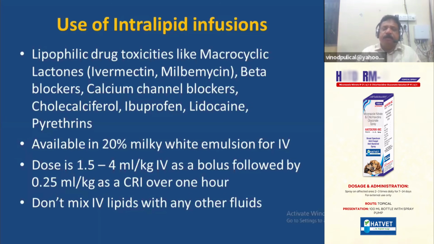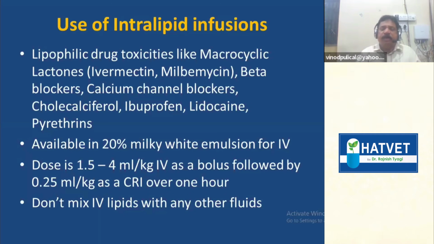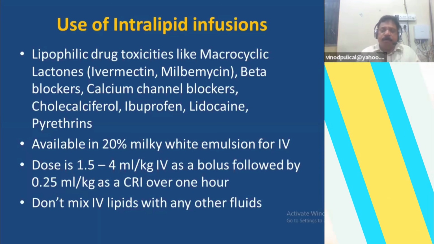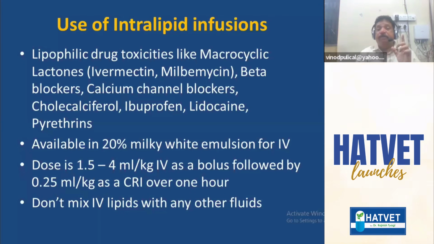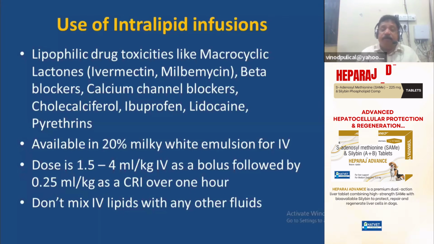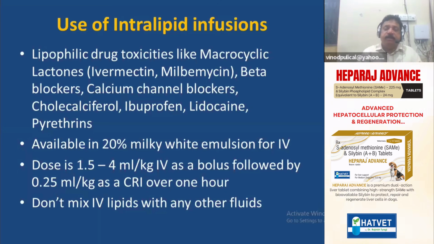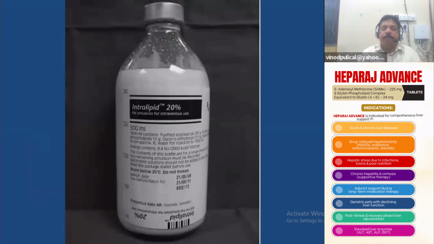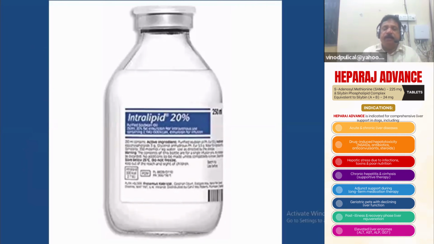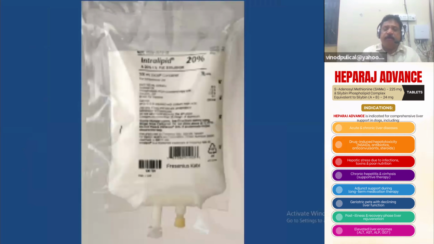The dose is 1.5 to 4 ml per kg IV as a bolus, followed by 0.25 ml per kg as a CRI over 1 hour. Never mix intravenous lipids with any other fluids. It is just a 20% colloidal suspension. 500 ml bottles, 250 ml bottles, collapsible bottles, and packets are also available.